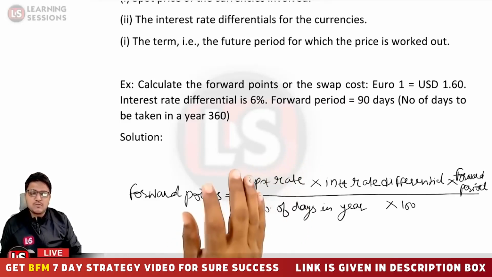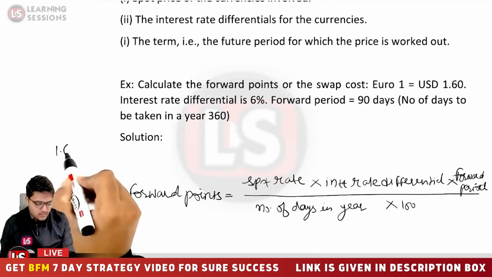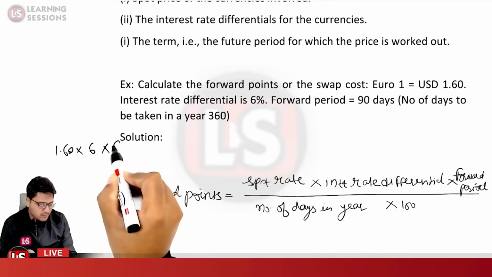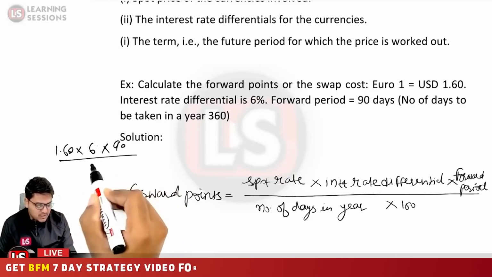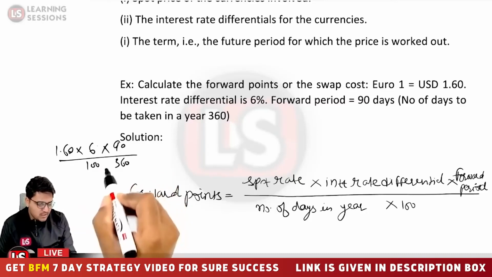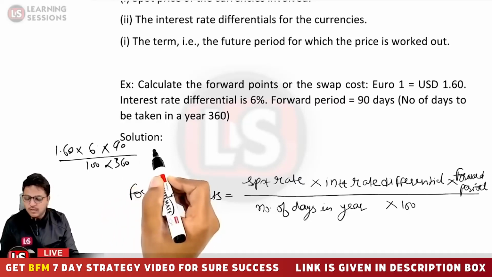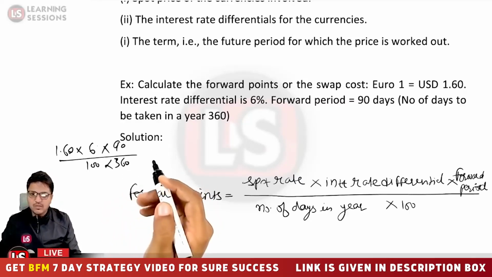Okay. So we will be substituting the values over here. The spot rate is given to be USD 1.60, multiplied by the interest rate differential, that is 6, multiplied by the forward period, that is 90. To convert the percentage into decimal, divided by 100, and the number of days in a year will be 360, as it is given in the question that we need to take the number of days in a year to be 360. Otherwise we would consider it to be 365.